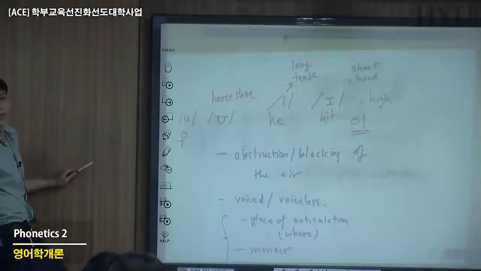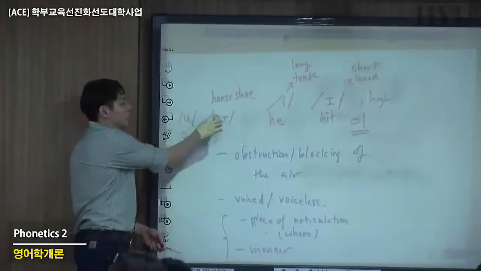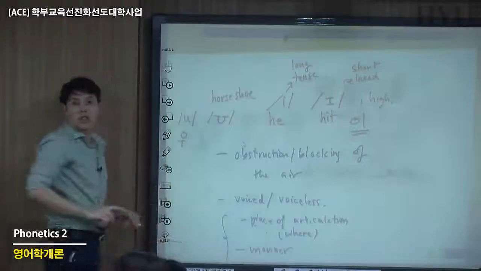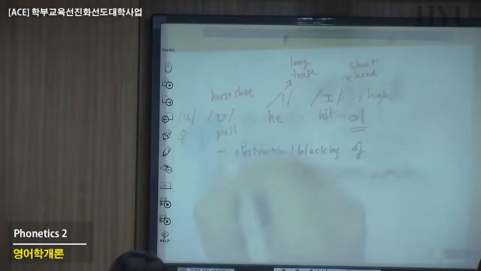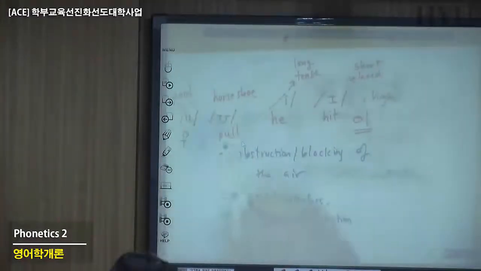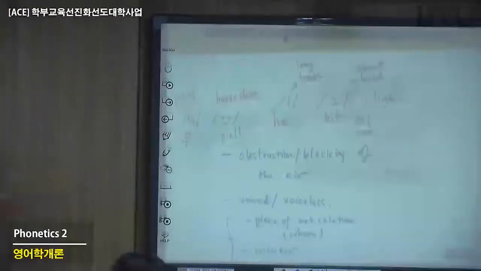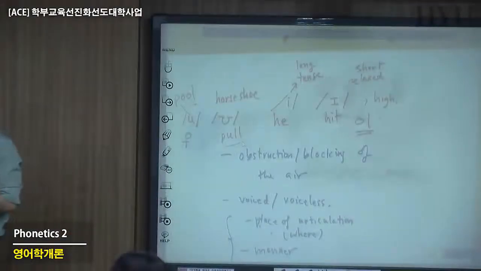The metal thing that you put on the feet of the horse. This is the shorter version, as in "pull," and this one as in "pool," like that. So long, short, same thing. Tense, lax, like that. Both are high.